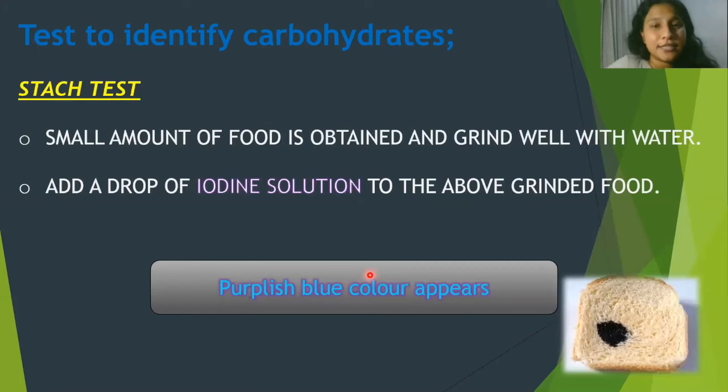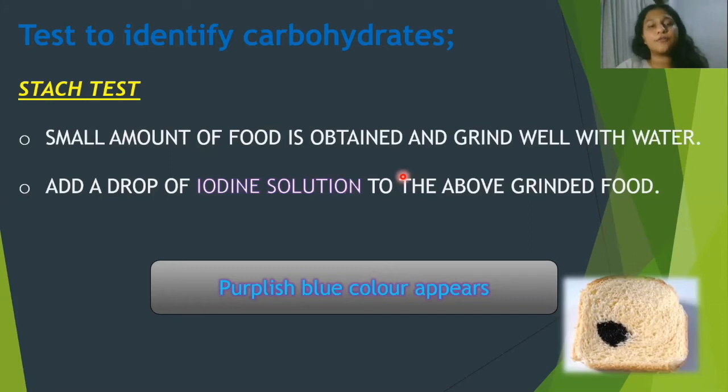So, tests to identify carbohydrates. Starch test. Hope you all can see the color. I don't think you all can see the color properly, but a small amount of food is obtained and ground well with water, right?